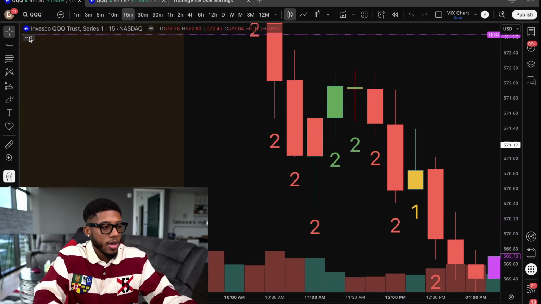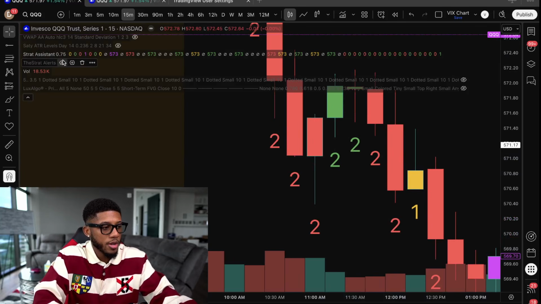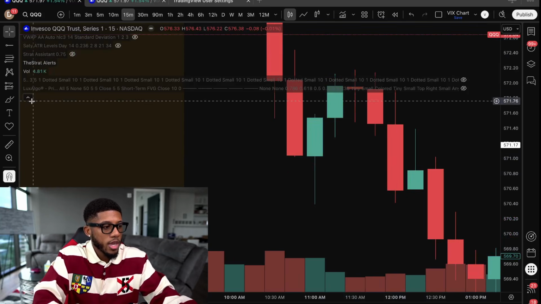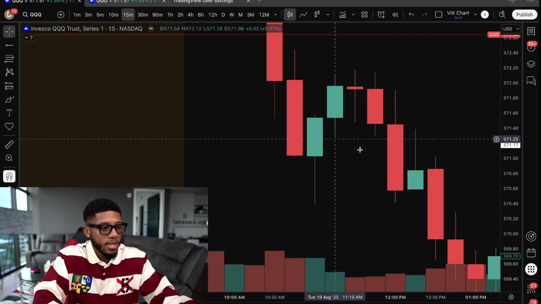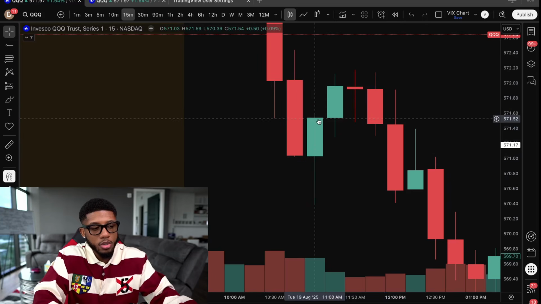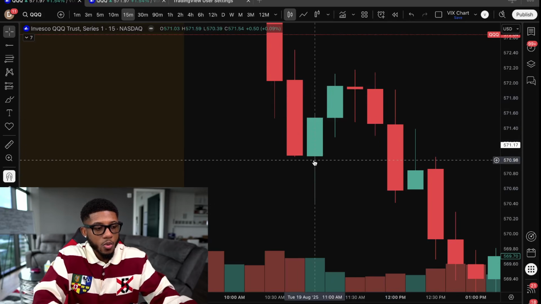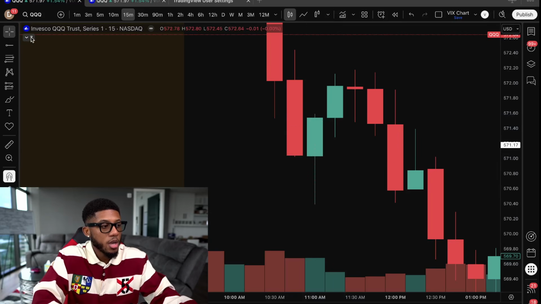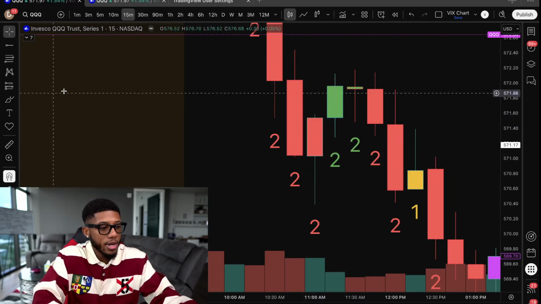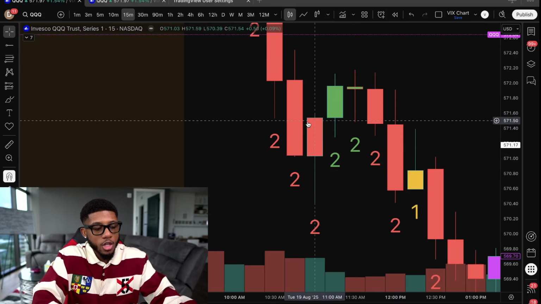So we know that if we turn the Strat Assistant off, we'll leave that on for now. If we turn the Strat Assistant off, this is actually a bullish candlestick, right? We opened at the bottom and we closed higher. That's how we know it's bullish. But when you are reading the Strat, it is red with a green outline around it.